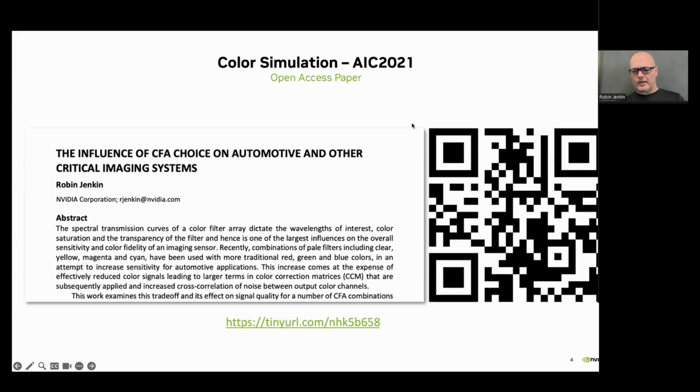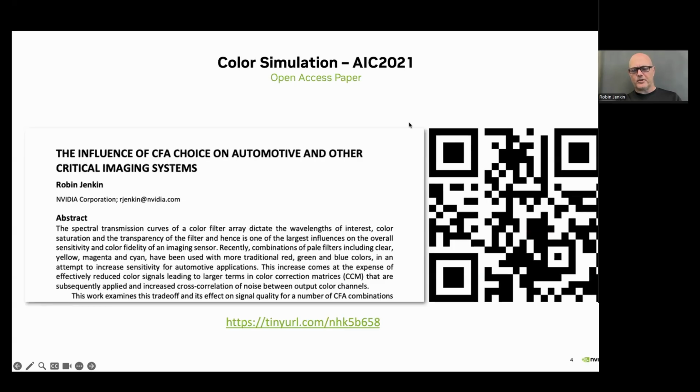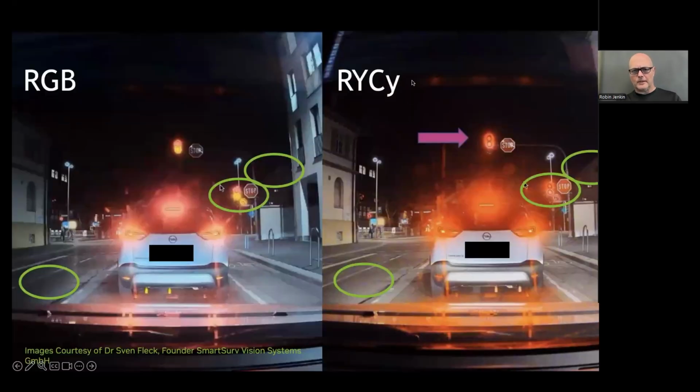That's why we get this slight increase in sensitivity, but there are stronger CFA CCM terms required to color correct this, so that's why we see slightly more color noise there. And I'll get to some of that in a bit.